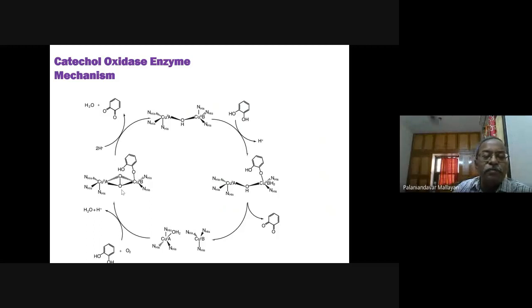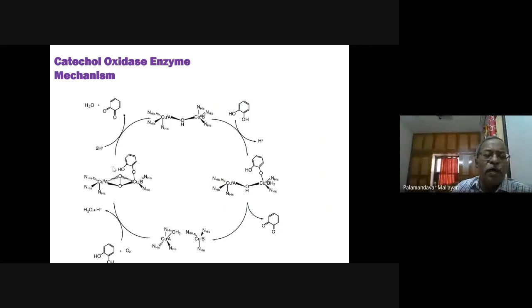Dioxygen is formed here. So this is oriented towards this copper 2 side. So this is the oxygen atom bound to this. So this hydrogen interacts with this weak oxygen atom, because already this has interacted with oxygen, another copper 2. So hydrogen bonds with this one and is deprotonated, and that is how it takes place here also, right?